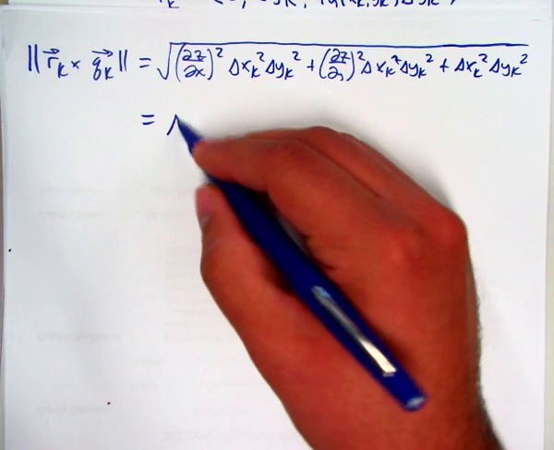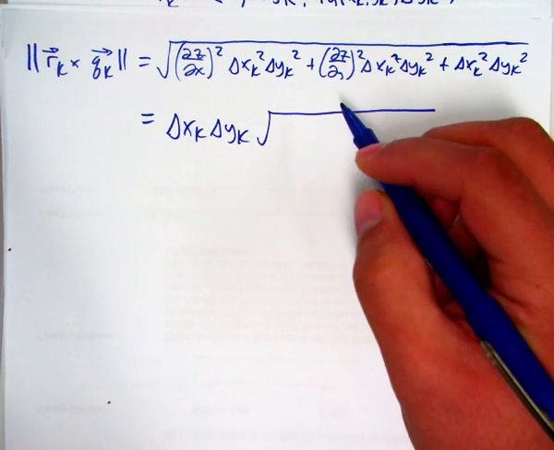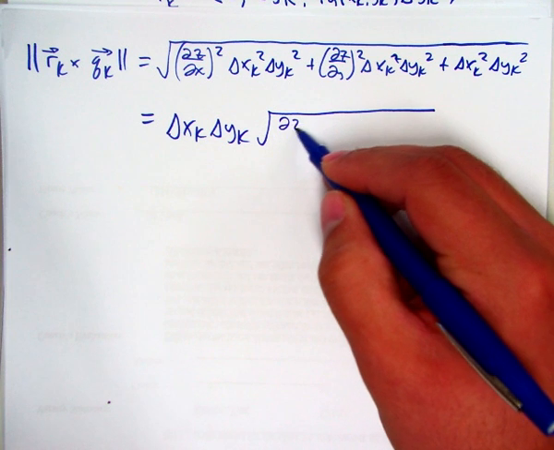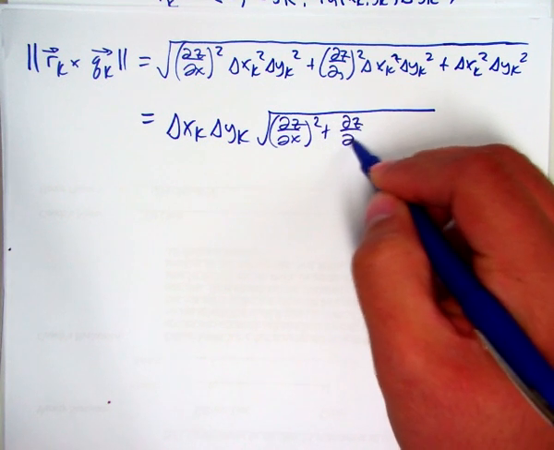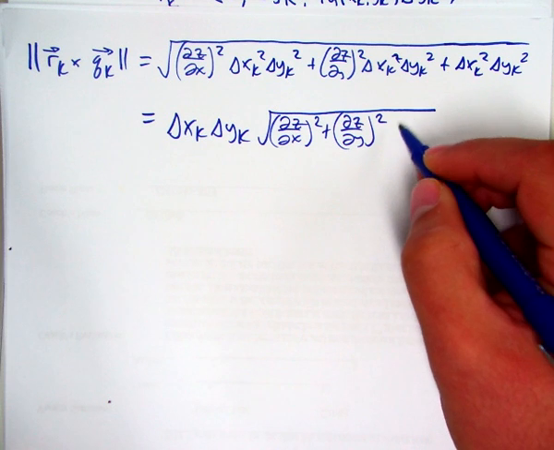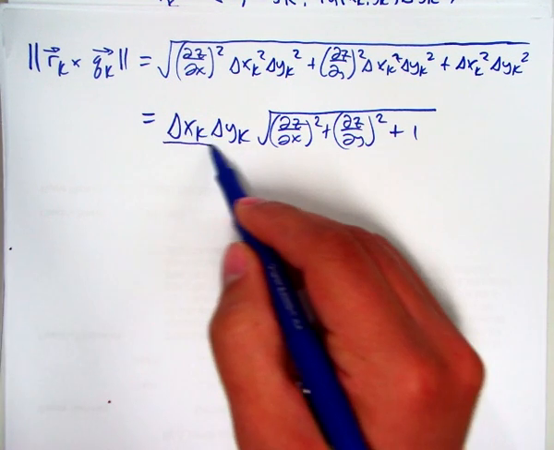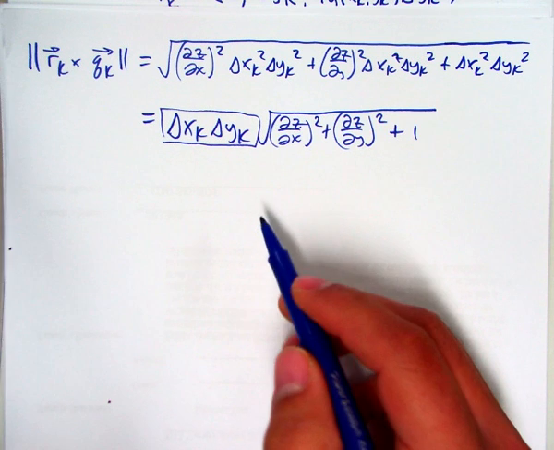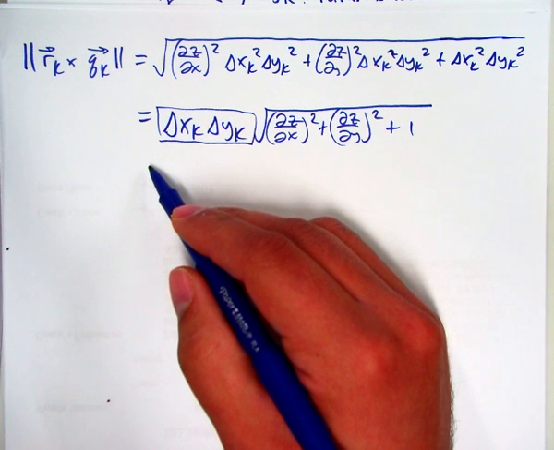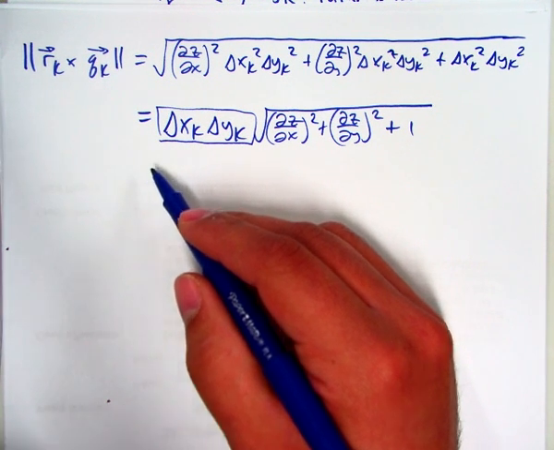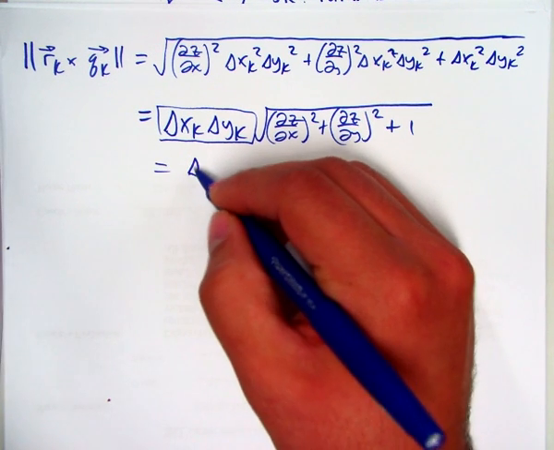I'm going to get delta x sub k, delta y sub k, times the square root of partial z partial x squared plus partial z partial y squared plus 1. What is this, though? It'll become dx dy. This is delta A sub k still.